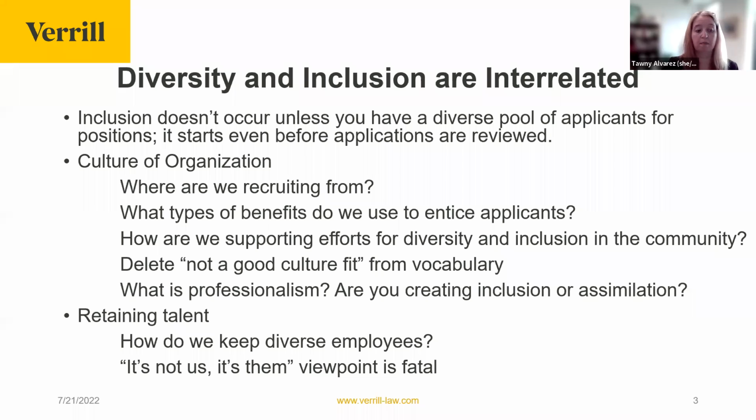And then how do my beliefs about professionalism support the growth and development of others? These are all really important questions that we need to be asking ourselves when we are considering inclusion as a larger concept, right?